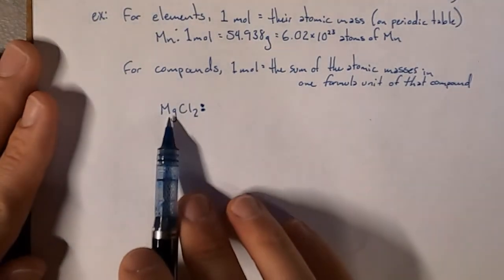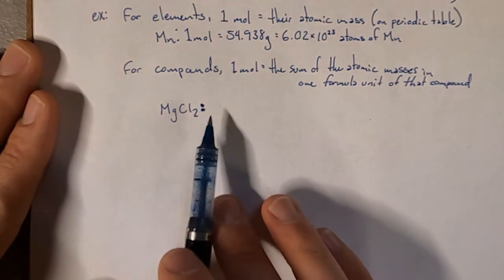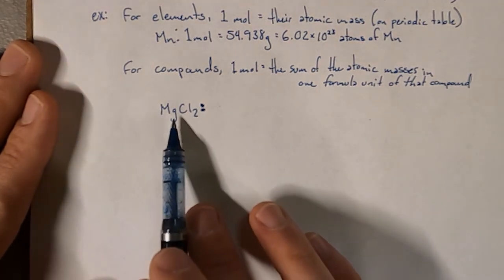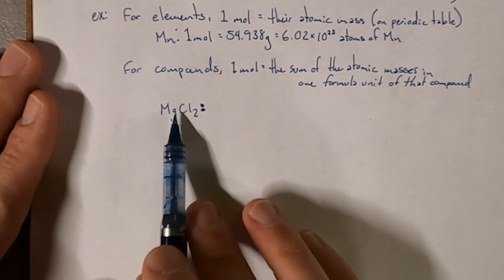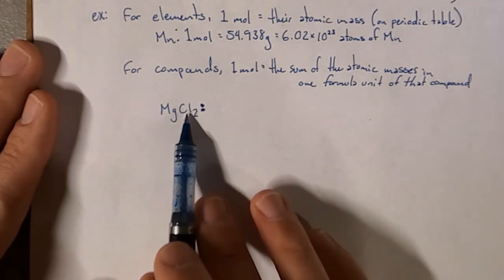And so, for example, magnesium chloride, its formula is MgCl2. Its molar mass would be equal to the atomic mass of magnesium added to the atomic mass of chlorine times 2.